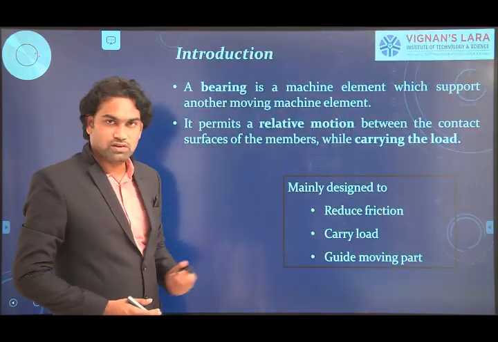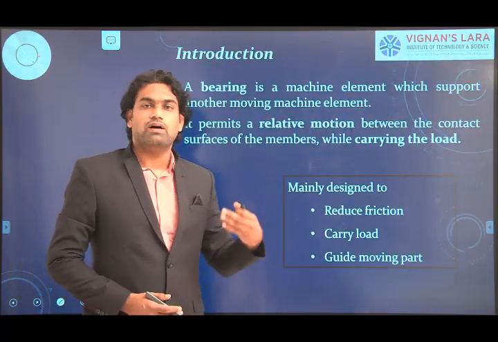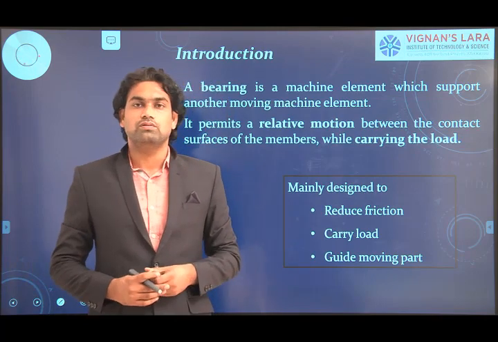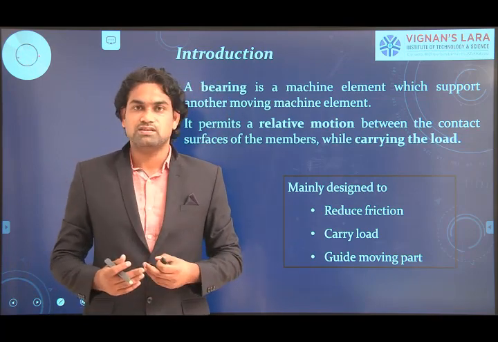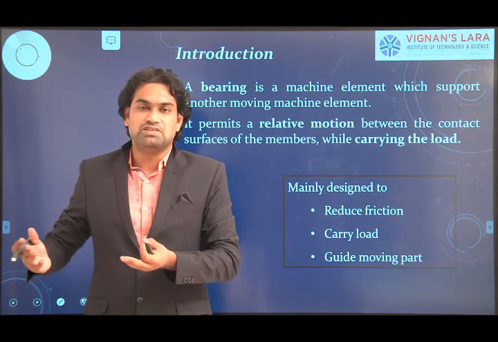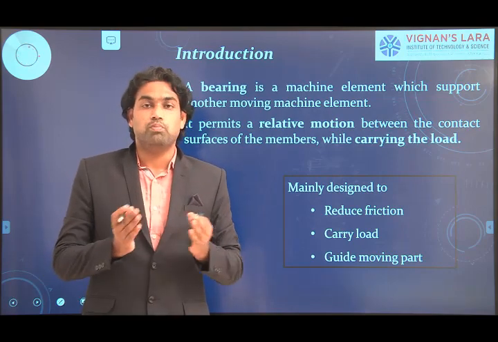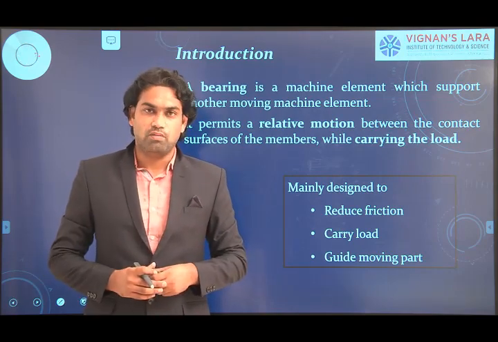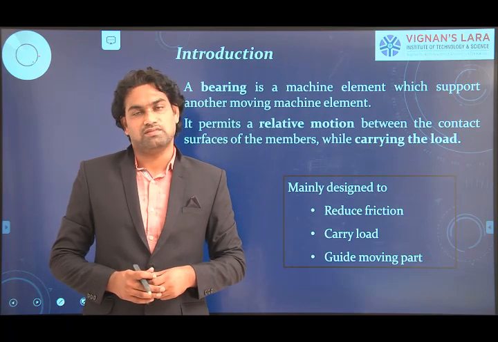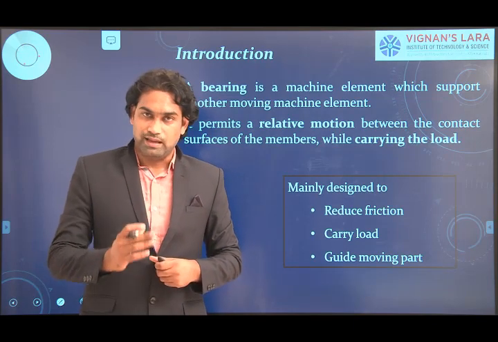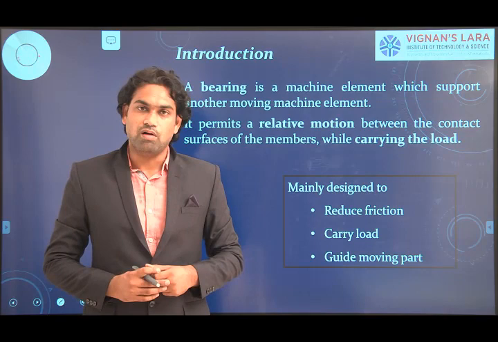And coming to the introduction of bearings, how are bearings defined? A bearing is a simple machine member or machine component that supports another machine component having relative motion, as well as supporting the external load acting on the component. Clear?